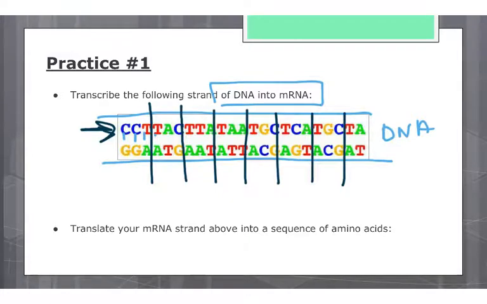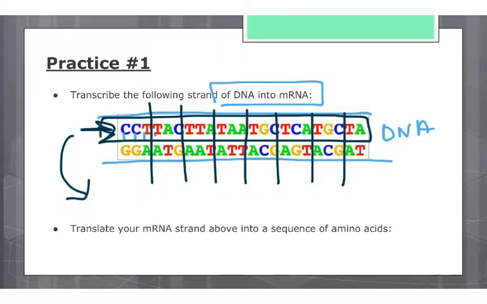We are going to take that original DNA strand and turn it into mRNA. We take this top row only because when we transcribe the DNA into mRNA, we want to take the original, and we assume that it's the top or the first strand.